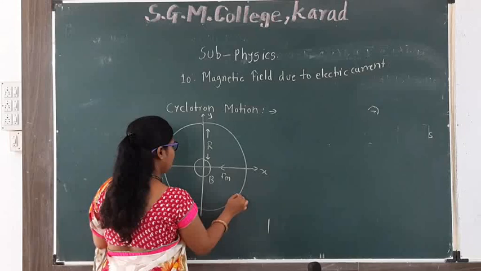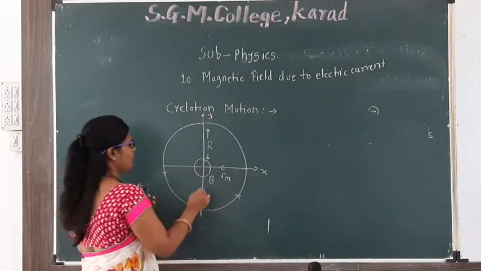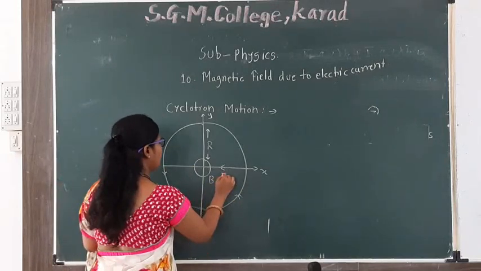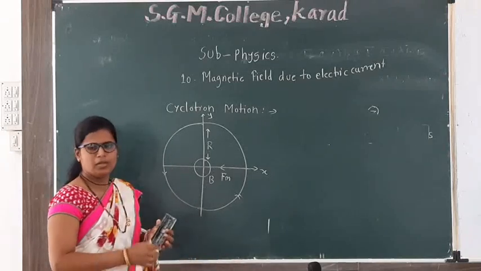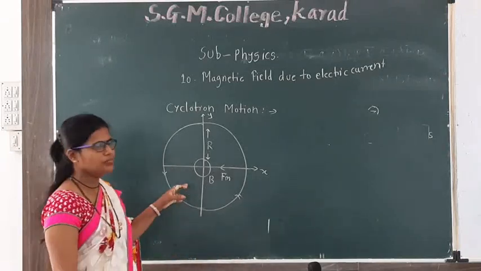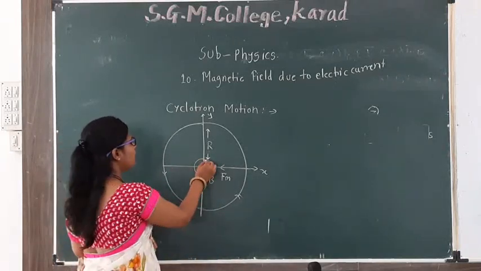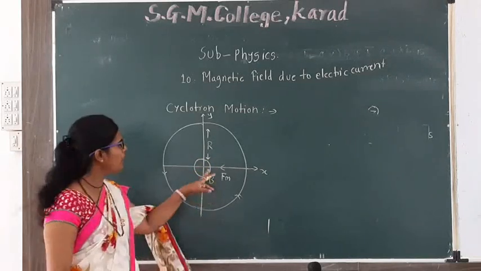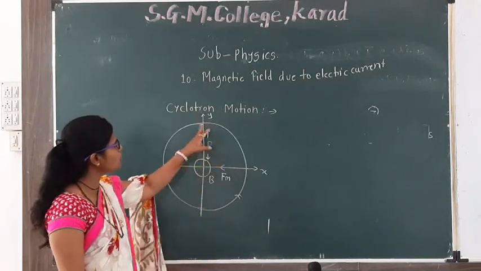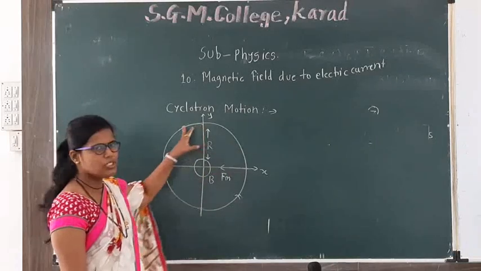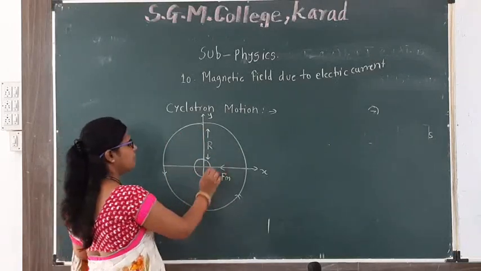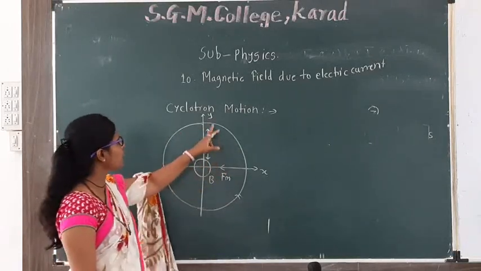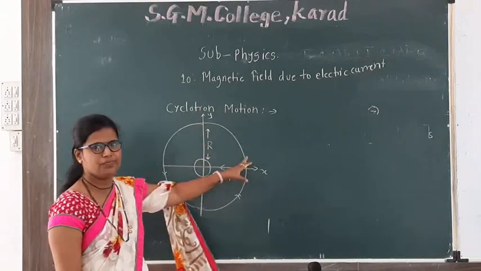Magnetic force Fm here. In the magnetic field, a charged particle, any charge Q, undergoes circular motion.